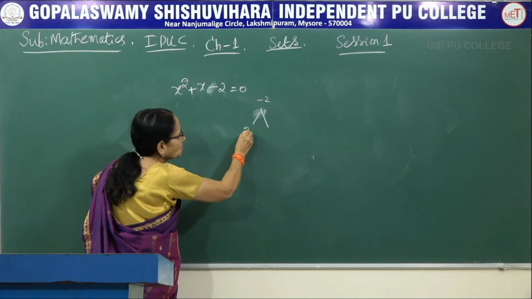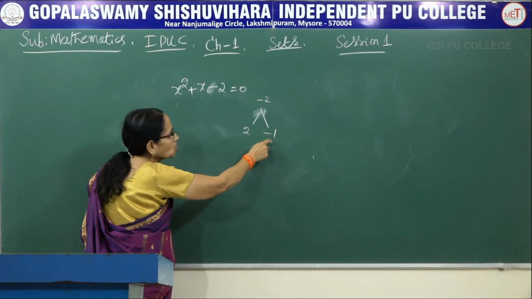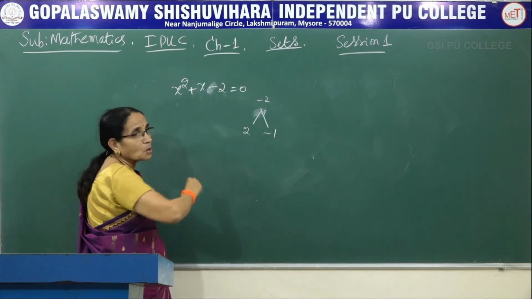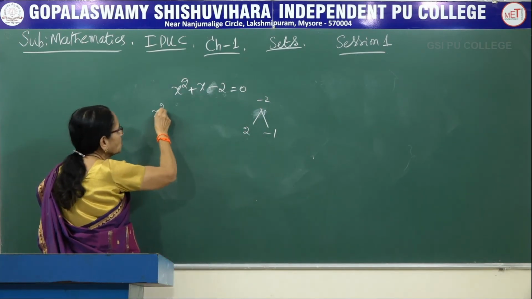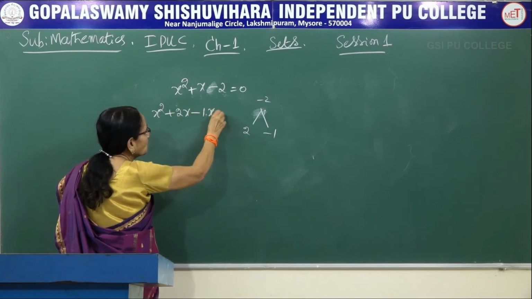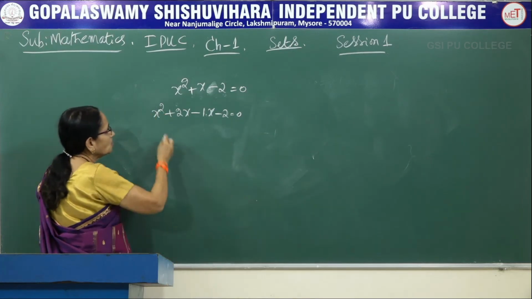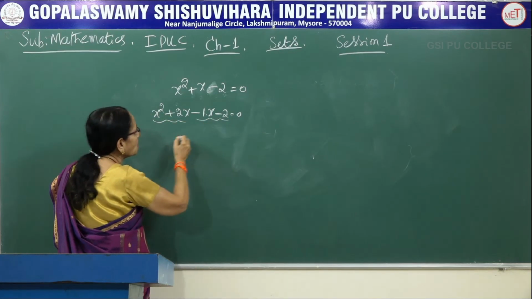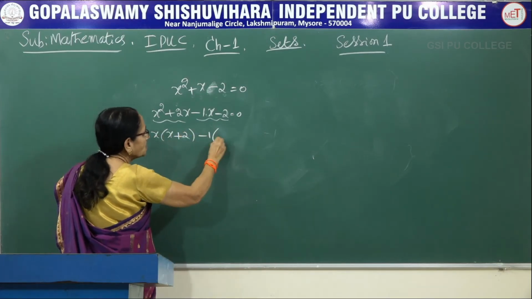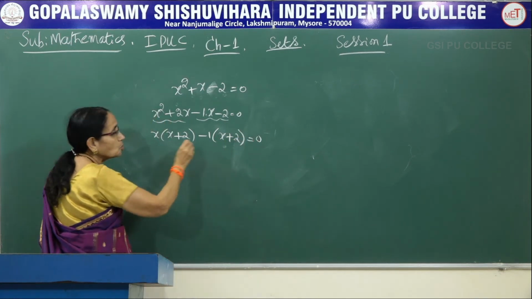This minus 2 can be split as 2 and minus 1. So when you multiply, 2 into minus 1 is minus 2. 2 minus 1 would be equal to plus 1. That means when you factorize, it is 2x minus 1x minus 2 equal to 0. Now factorizing means we should develop a common factor. x into (x plus 2) minus 1 into (x plus 2). Here these two should be one and the same.